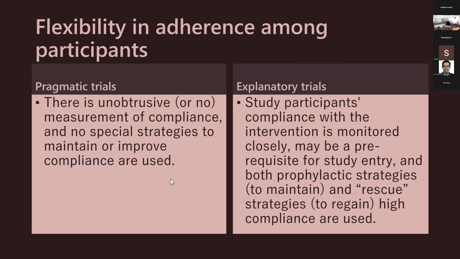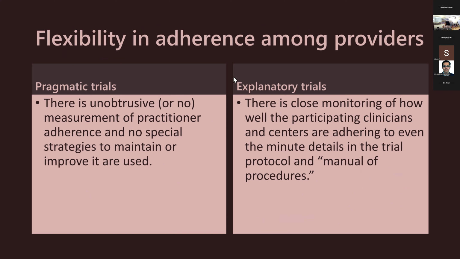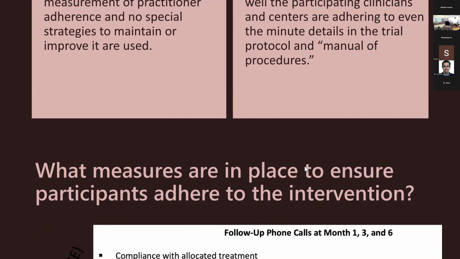But here, whoever is randomized is included and there are no extra measures like assigning specified staff to make sure that they are strictly complying with the strategy. We do not have that provision here in the pragmatic trial. Among the providers also, there is no extra staff to monitor the practitioner who is providing the intervention, whereas in an explanatory trial, they strictly adhere to the manual of procedures and the trial protocol.